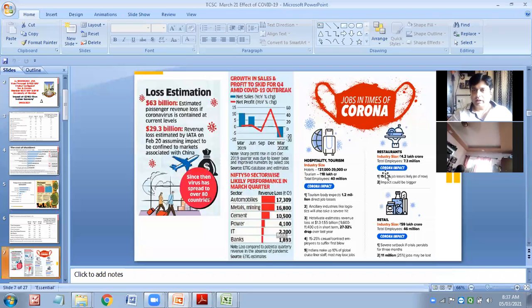This is the actual figure of loss of restaurant. But in totality, they have given like this. The highest is affected in the tourism industry, which includes everything. So all kind of presentation is needed. Understood?